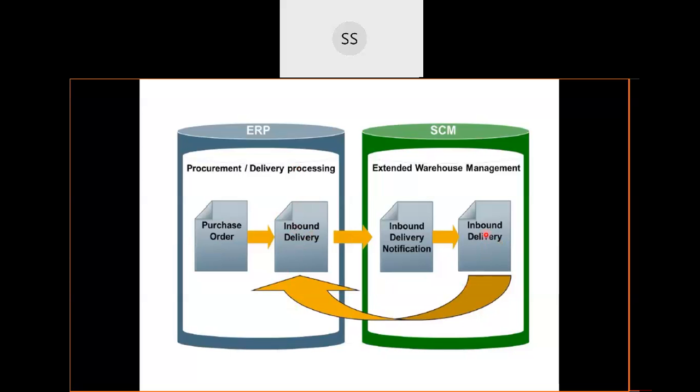Make sure this second document in a decentralized landscape is used for warehouse execution of your warehouse activities, plus updating your actions from EWM to ERP or S4HANA. Is it clear so far?